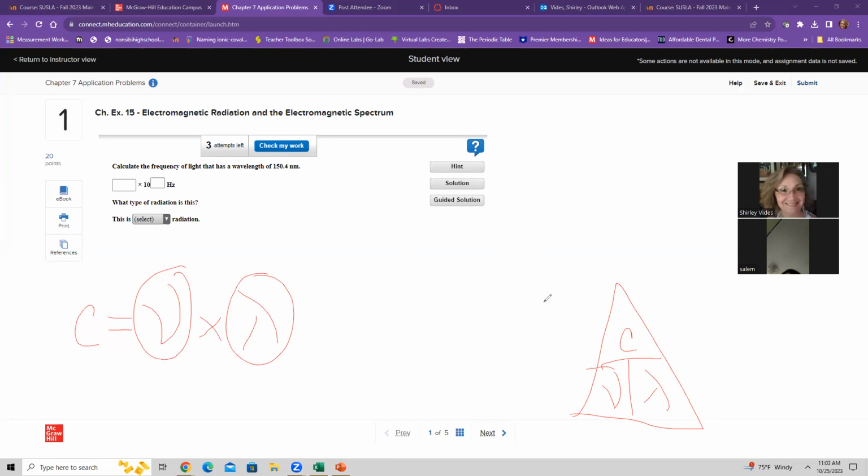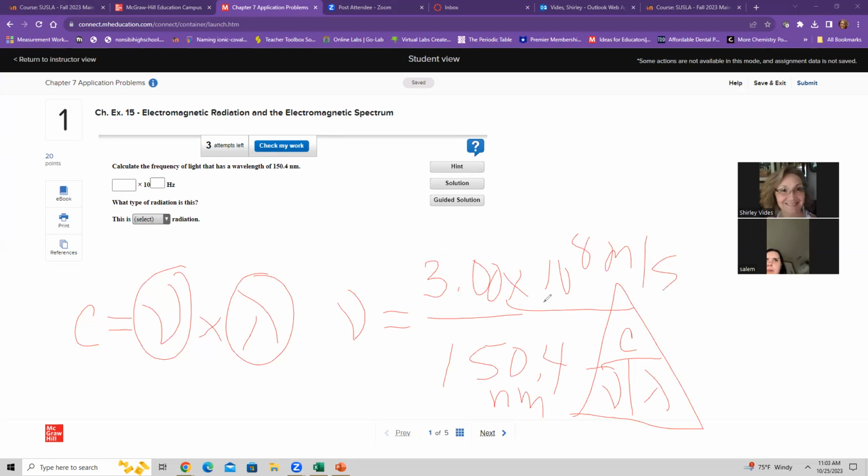So we are going to use this: frequency is equal to c, the speed of light, which I always call 3.00 times 10 to the 8th meters per second. It's a constant, so you would know it. And then lambda is the wavelength that they gave you, which is in nanometers, 150.4 nanometers. Now you just divide.